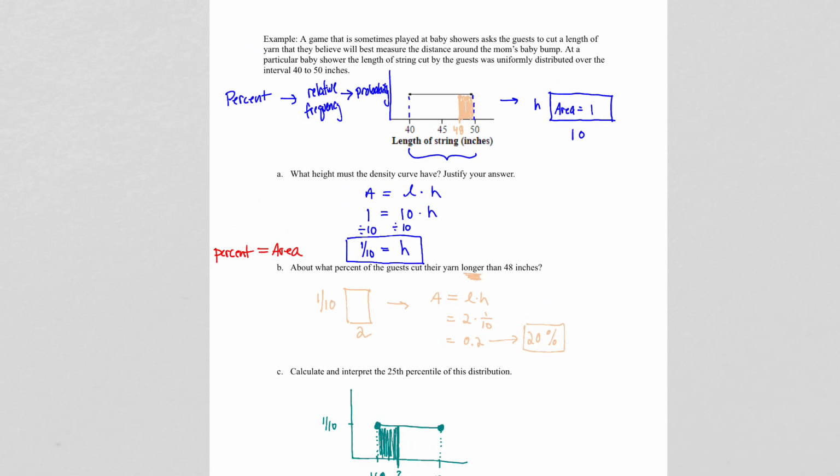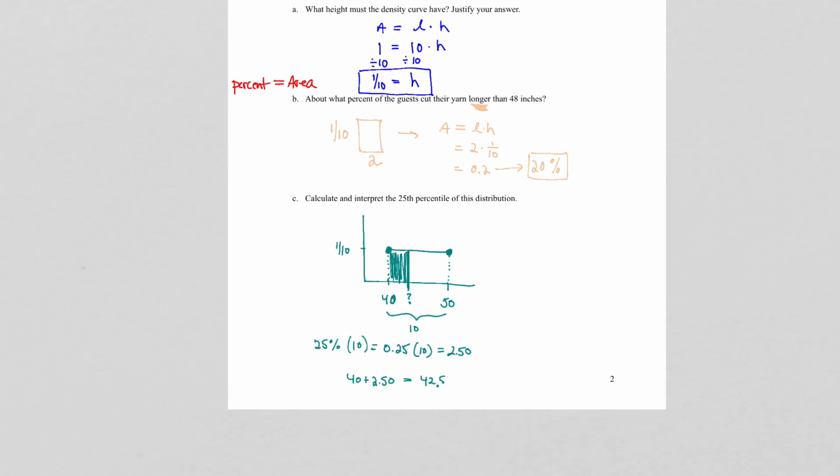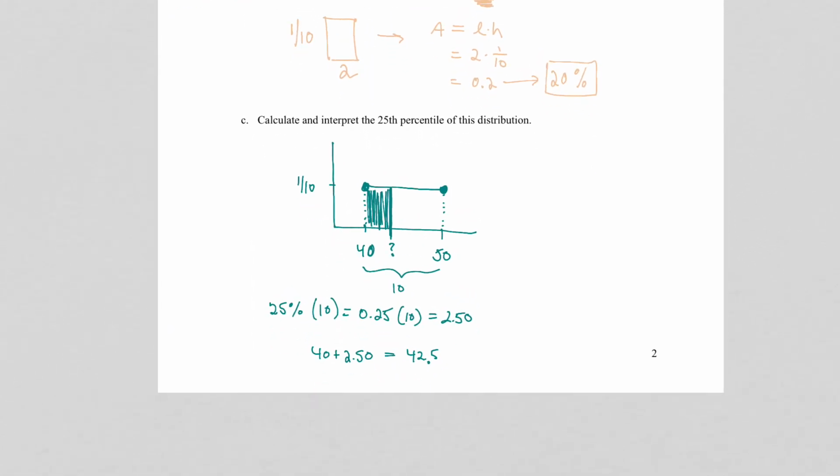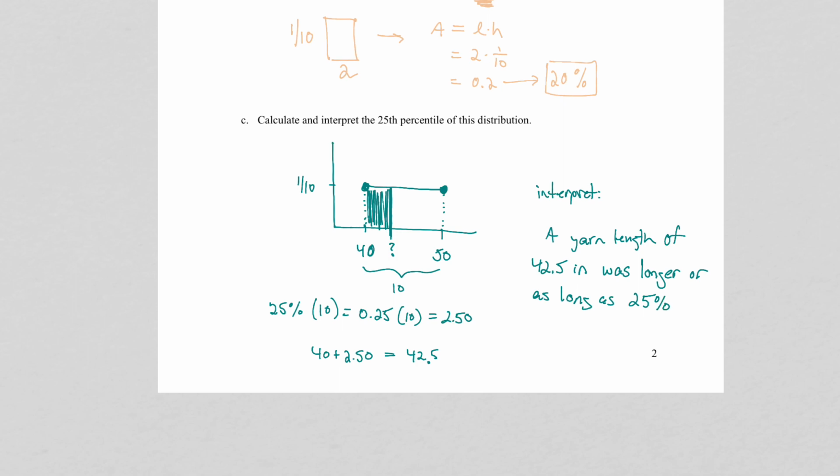So that means a yarn length, I'm going to write the interpretation over here: a yarn length of 42.5 inches was longer than or as long as 25% of the yarn lengths cut by guests.